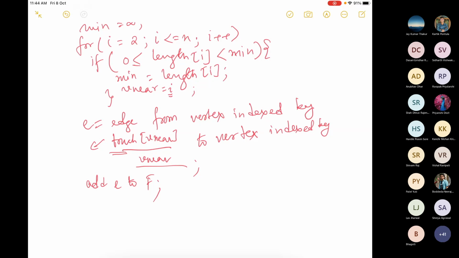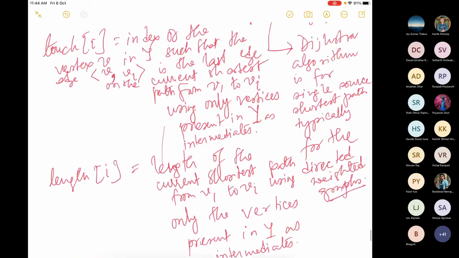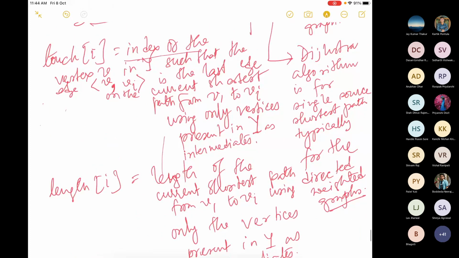So touch is the set of vertices, like the nearest of vnear. If you recall the definition of touch, index of the vertex v in Y such that this is the last edge on the current shortest path.